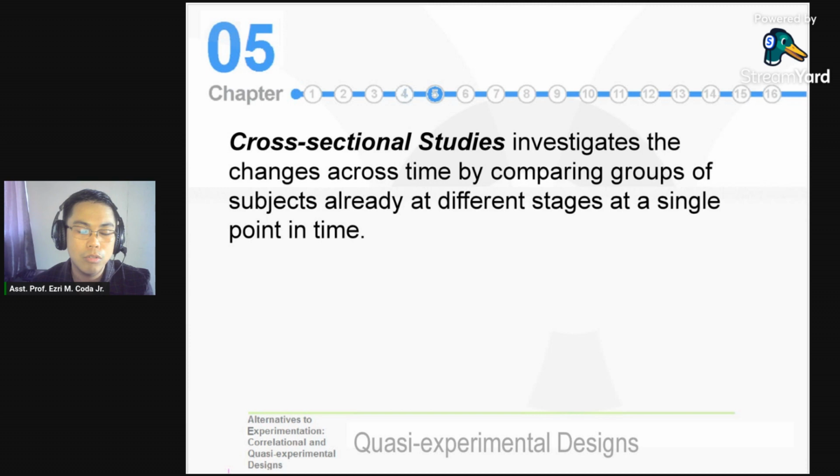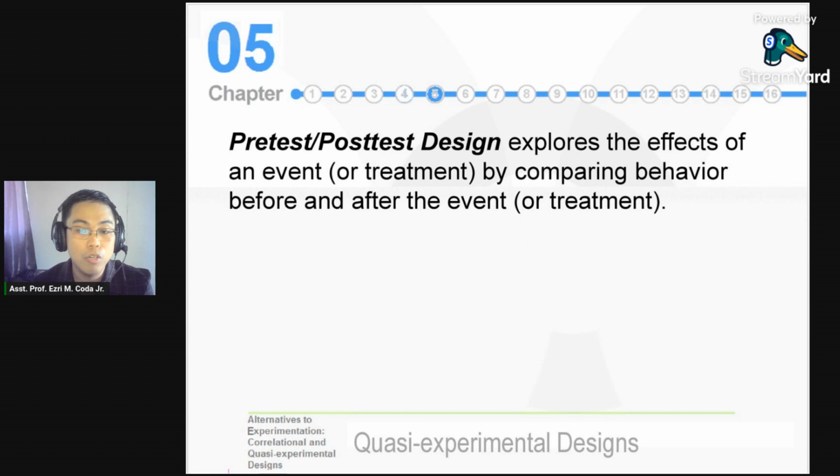Ito namang cross-sectional studies is the same variable, but yung respondents is from this point of time, another group. For example, ito yung age nila from 24 years of age or nasa emerging adulthood or middle adulthood. And then yung isang grupo is adolescents or mga nasa late adulthood. So yun yung cross-sectional studies. Iba-ibang grupo sila and they were being compared.